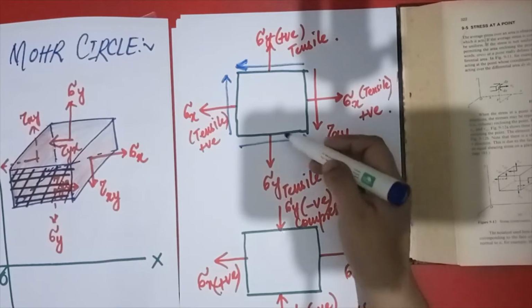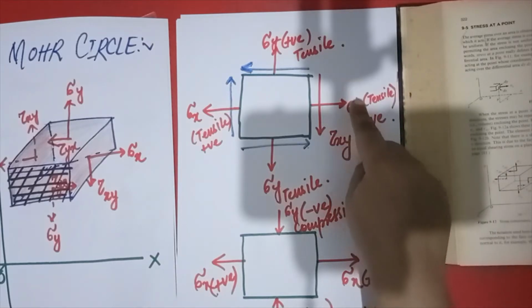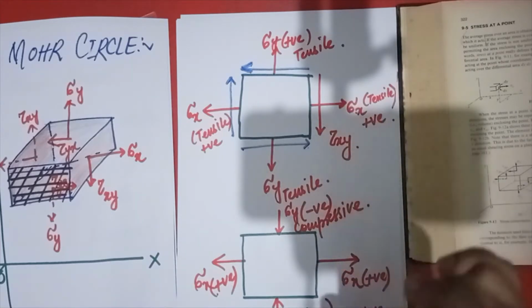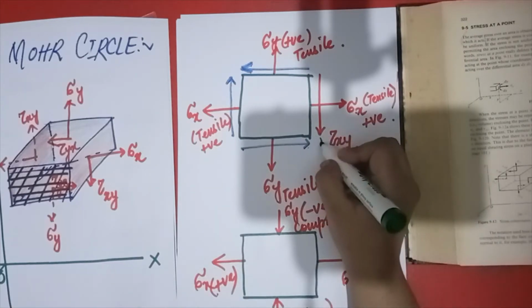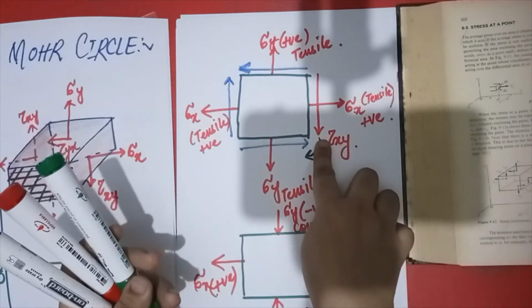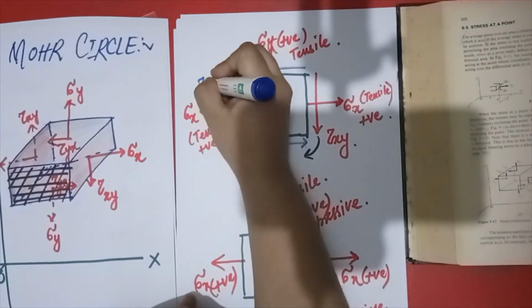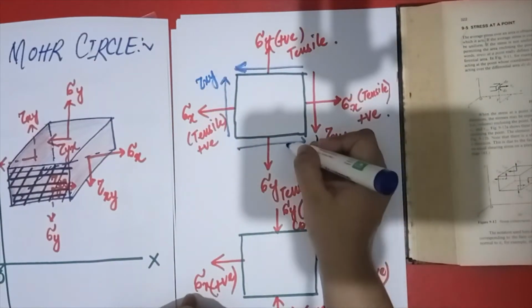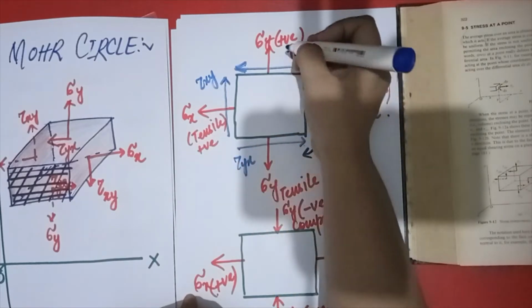So head to head, tail to tail. This is the way. And in these cases, its direction is according to clockwise or anti-clockwise, so you have to decide its direction accordingly. For example, if it is downward, its direction will be like this. If this is tau xy, this will also be tau xy, and this will be tau yx because of this.